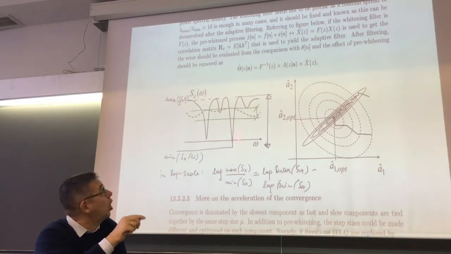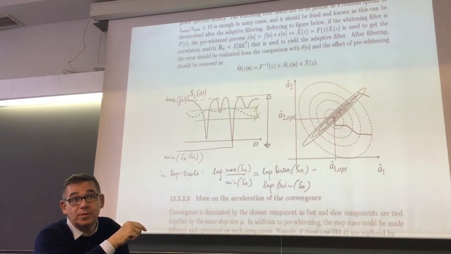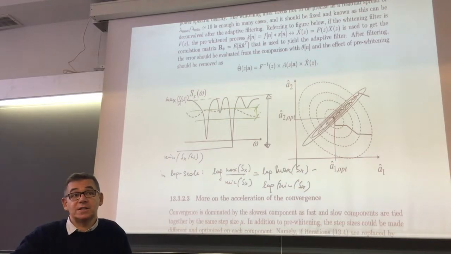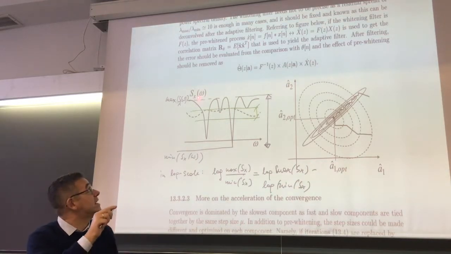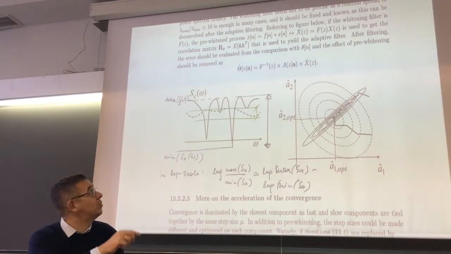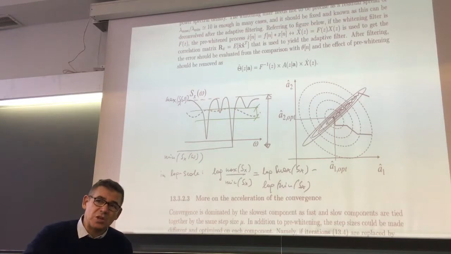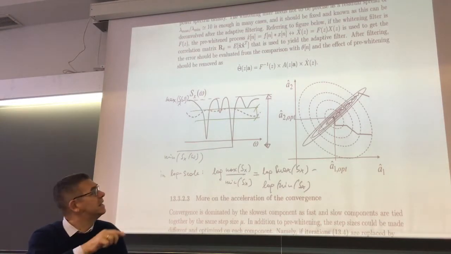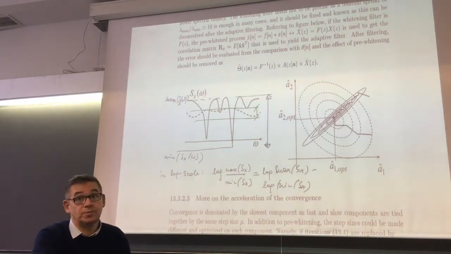How to combat that? You have a random process that has a power spectral density that is too spread, and you would like to have a power spectral density that is flat, or if not flat, with a less deep hole. How would you do it?